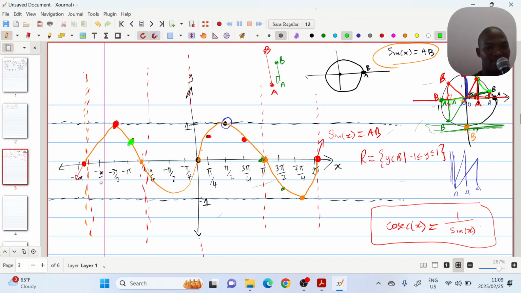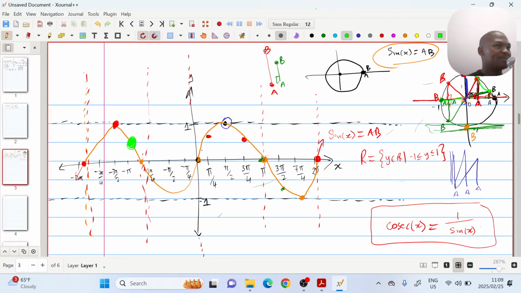If I pick this point here, the lime point, is that point bigger than 1 or less than 1? Is it bigger than 0 or less than 0? Now I have a fraction. Let's say that fraction is 1/2. If I take 1 and divide by 1/2, will I get a value that is below 1 or above 1?